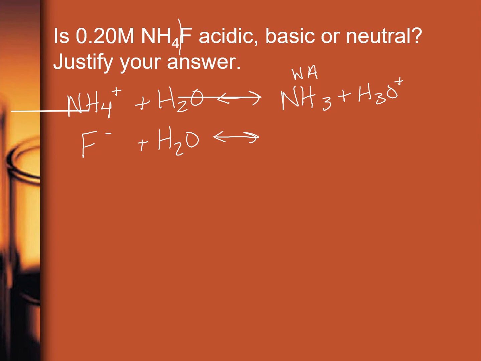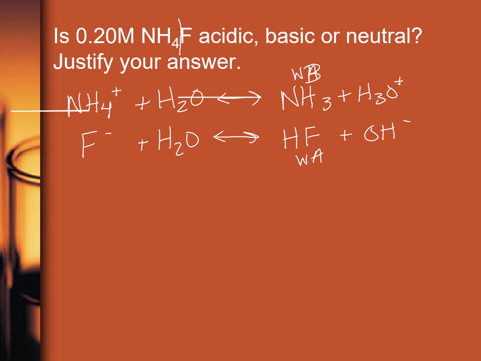But with the fluoride, since it's negative, it's going to attract the positive hydrogen from water to make hydrofluoric acid and hydroxide. Hydrofluoric acid is a weak acid. Ammonia is a weak base, not a weak acid. I misspoke. So neither of these are going to cancel. So we have to figure out, should it be acidic or neutral?